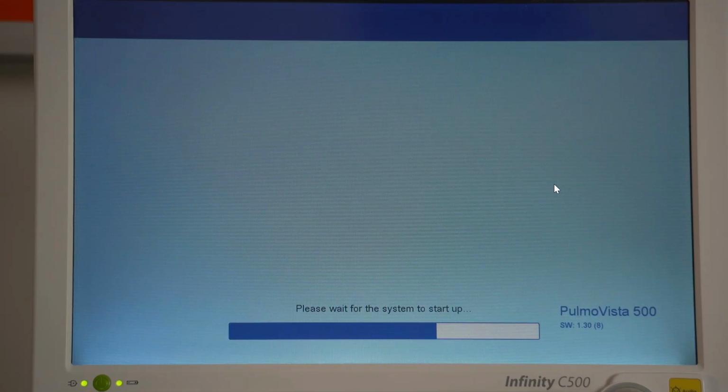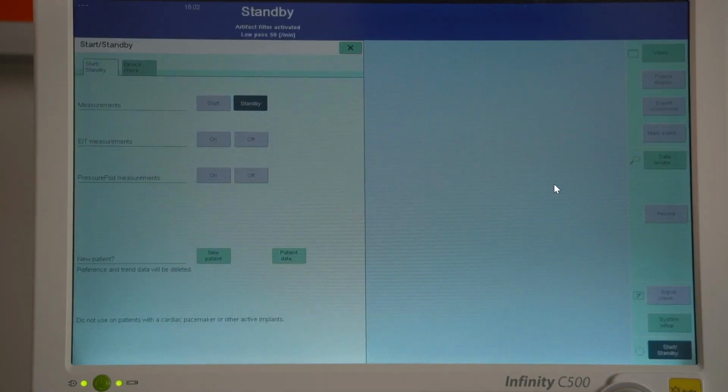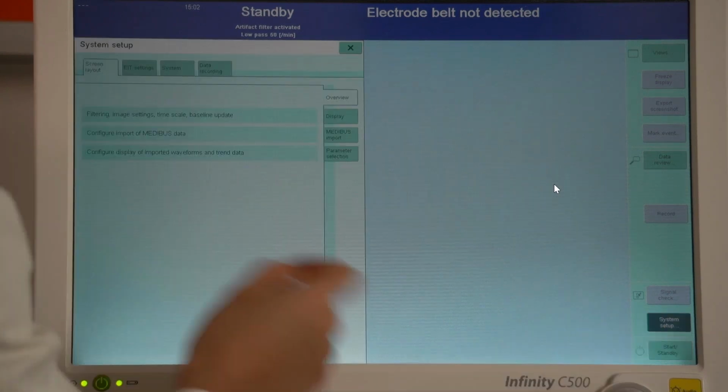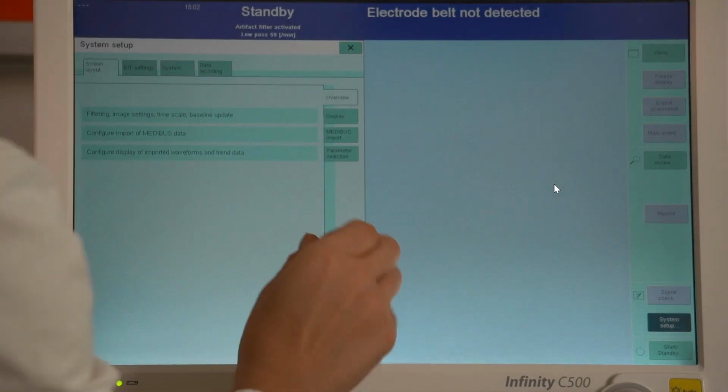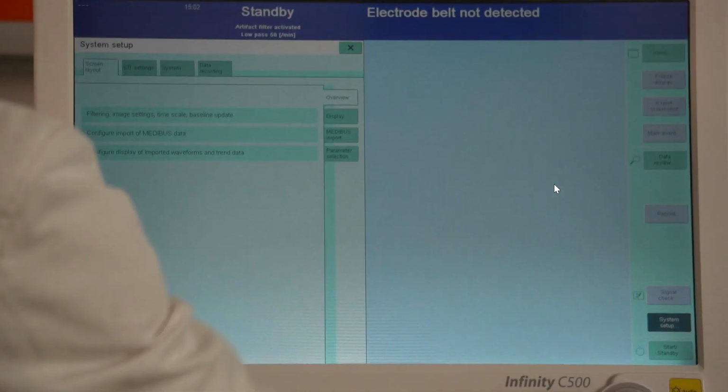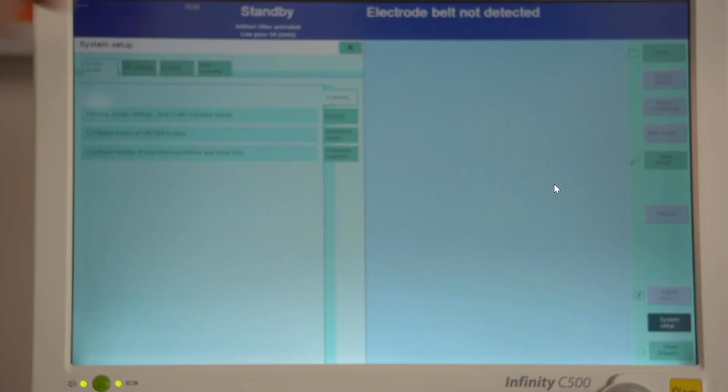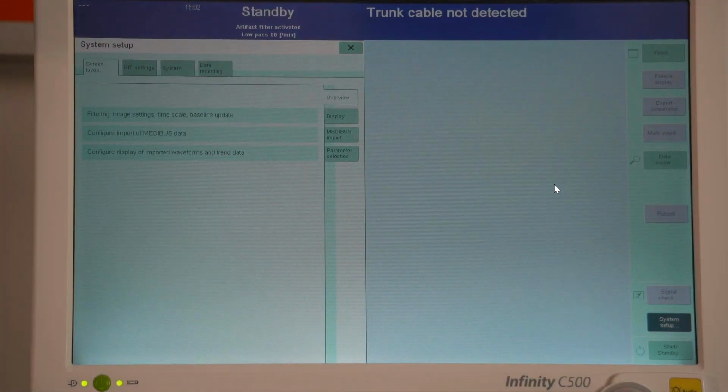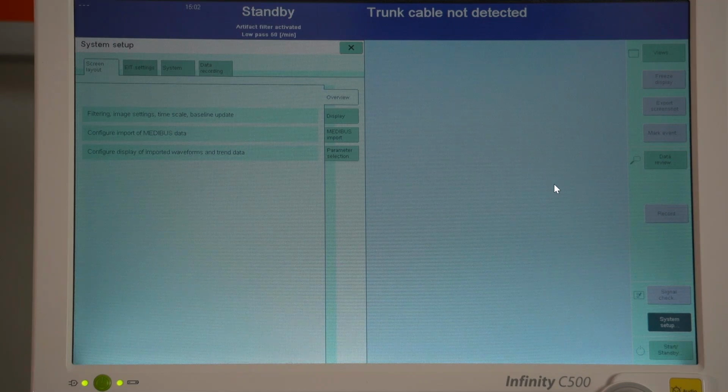I'm going to switch to the main view. We start in the standby menu, and we can go into the system. Let me just disconnect this.